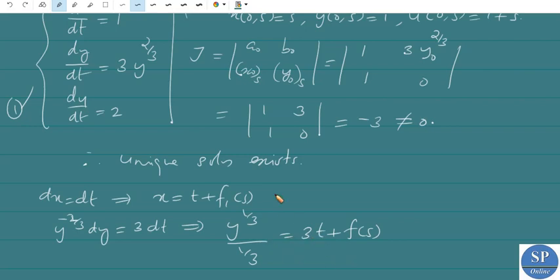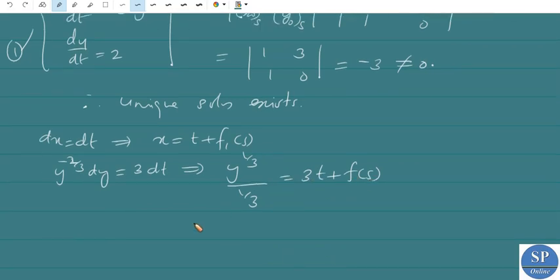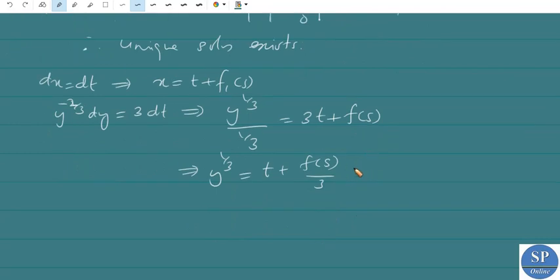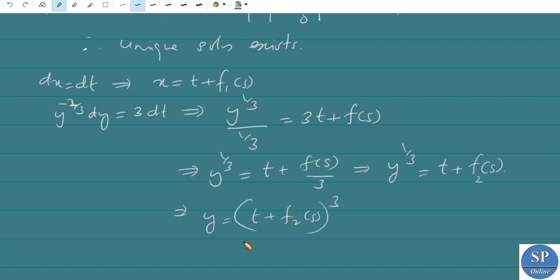Multiplying throughout by 1/3, we get y^(1/3) = t + f(s)/3, so y^(1/3) = t + f2(s), where f2(s) is f(s)/3. So y = (t + f2(s))^3. This is the second characteristic curve.